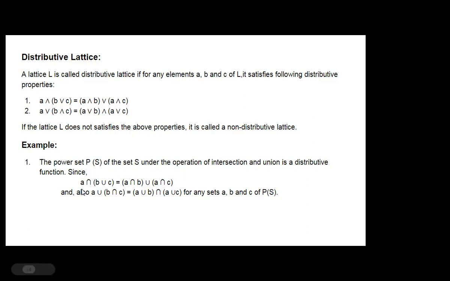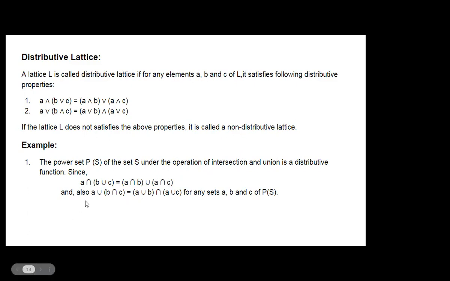This is also the task. If you take the set S, any set will be there. Suppose it is A, B, and C. The power set of that will be phi, set A, set B, set C, then set AB, set BC, set ABC, and set AC is remaining.